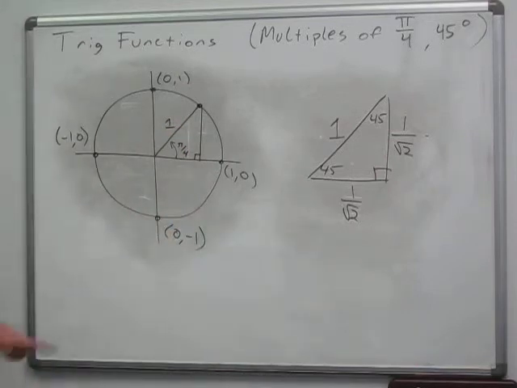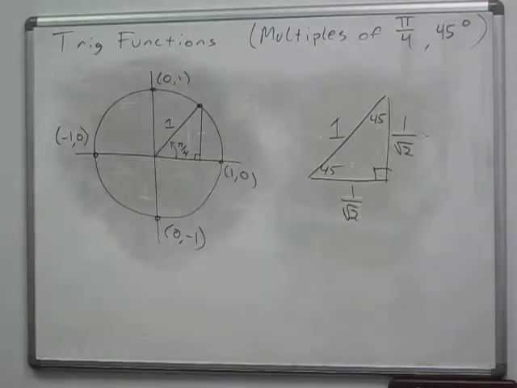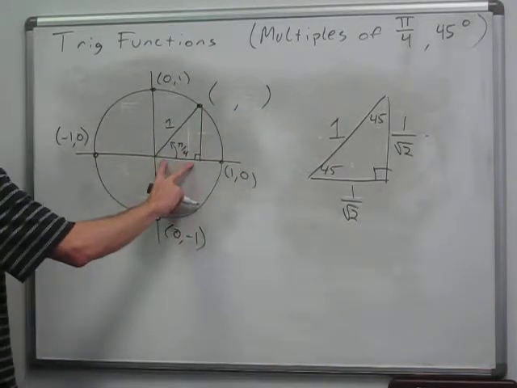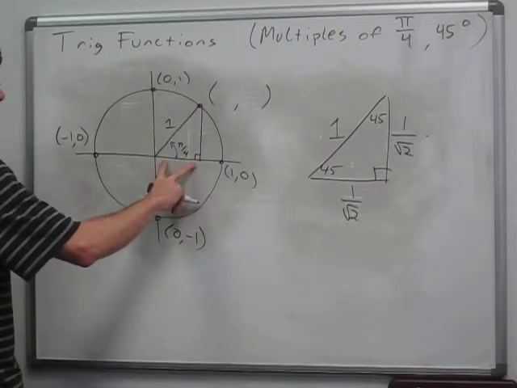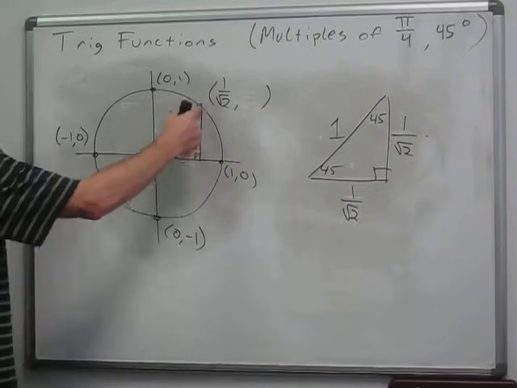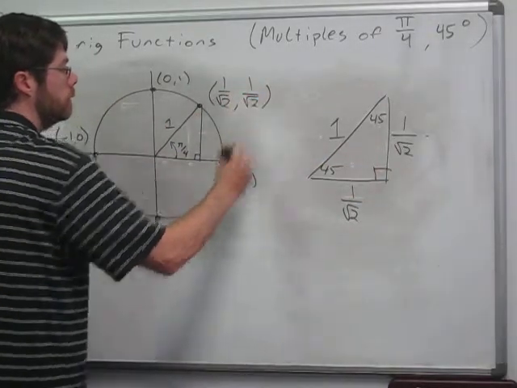When I do that, this triangle shows up in my first quadrant. So to figure out the x and the y, my x coordinate is just the length of this leg, which is 1 over radical 2. My y coordinate is the length of this leg, which is also 1 over radical 2.